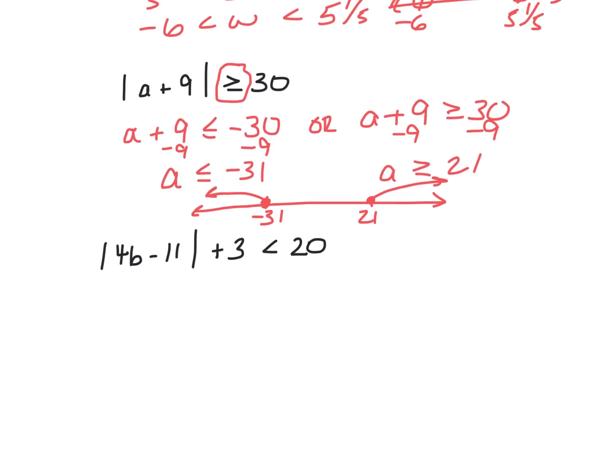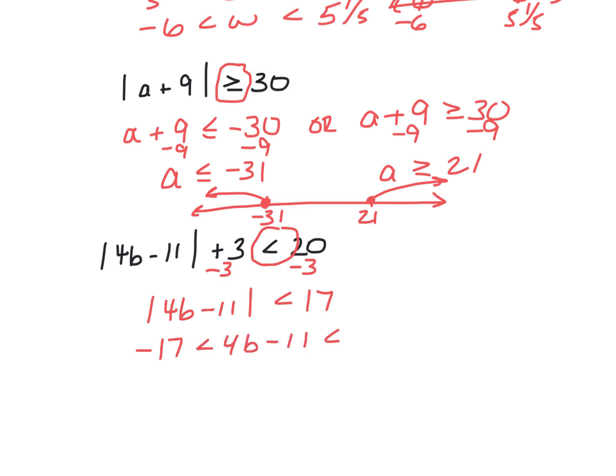And then the next example, this is not isolated. So the first thing I would do would be to subtract 3. Now I have the absolute value of 4b minus 11 is less than 17. And this is a less than problem. So I would rewrite this as a tweener, putting 4b minus 11 between negative 17 and 17.